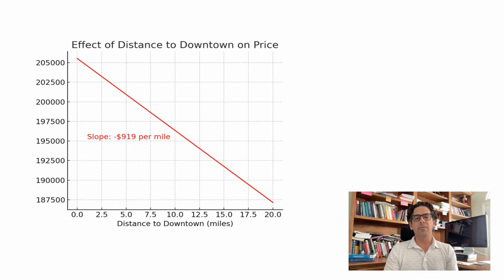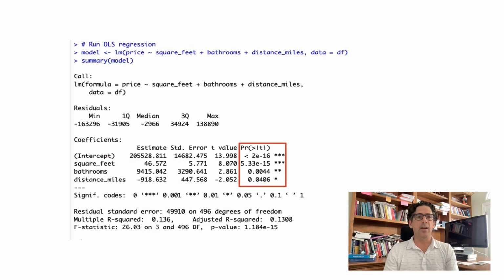As you get further away from the center of downtown, the prices get lower. So this shows an important point: coefficients can be positive or negative. They can positively influence the dependent variable of interest, or they can negatively influence it.